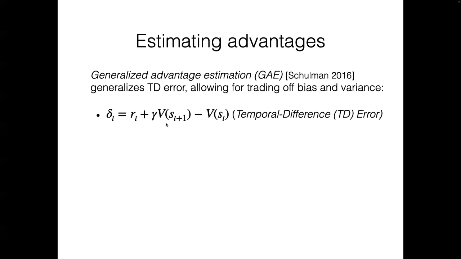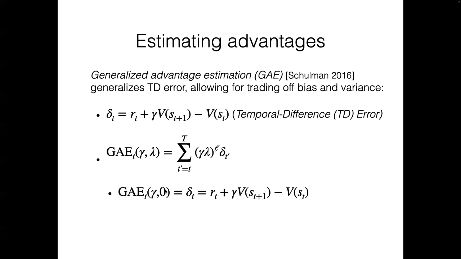So what they do is generalize this idea of temporal difference error. They come up with this advantage estimator here, and it basically has these two different knobs you can turn, both gamma and lambda.